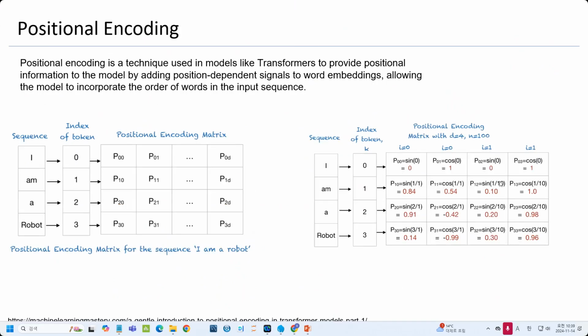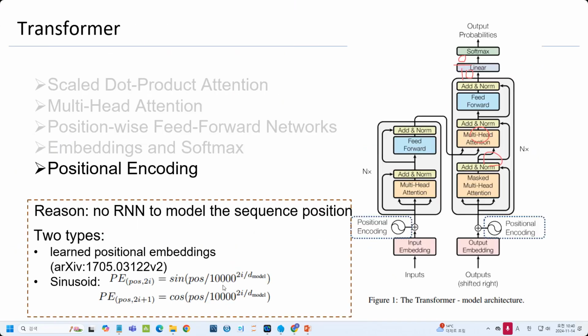In this case, let's say n is 100, then we have sine 0, so 0 divided by 10. You can calculate later with n and this expression, 10,000 to the power of 2 multiplied by i divided by d model.